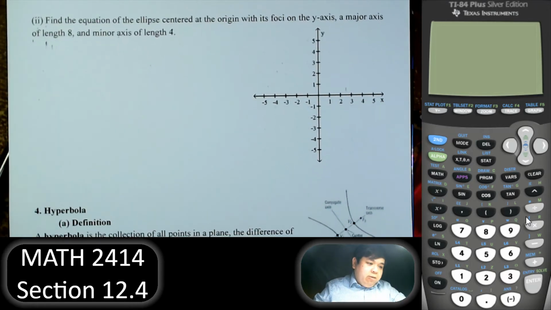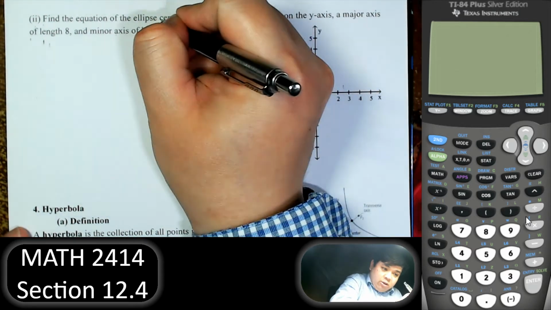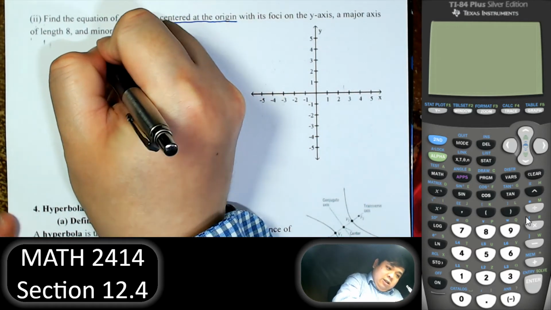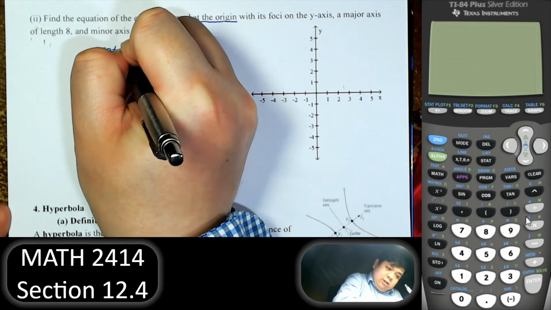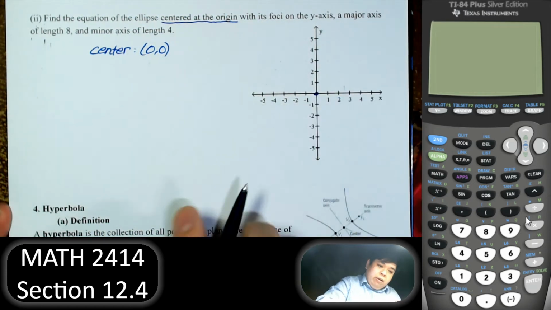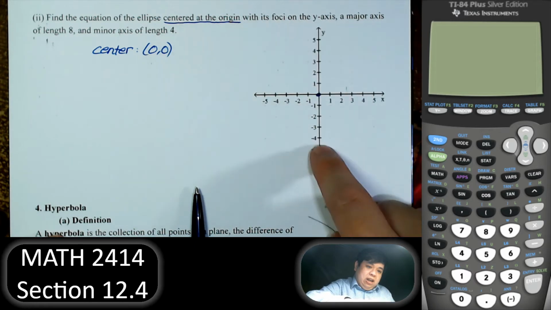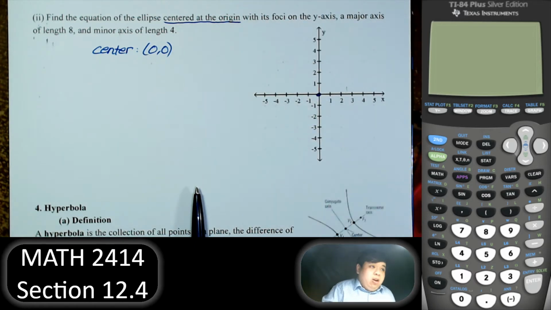Next, find the equation of an ellipse, center at the origin. So first of all, center at (0, 0), with the foci on the y-axis. So the foci will be here, and the length of the major axis is 8 and the minor axis is 4.